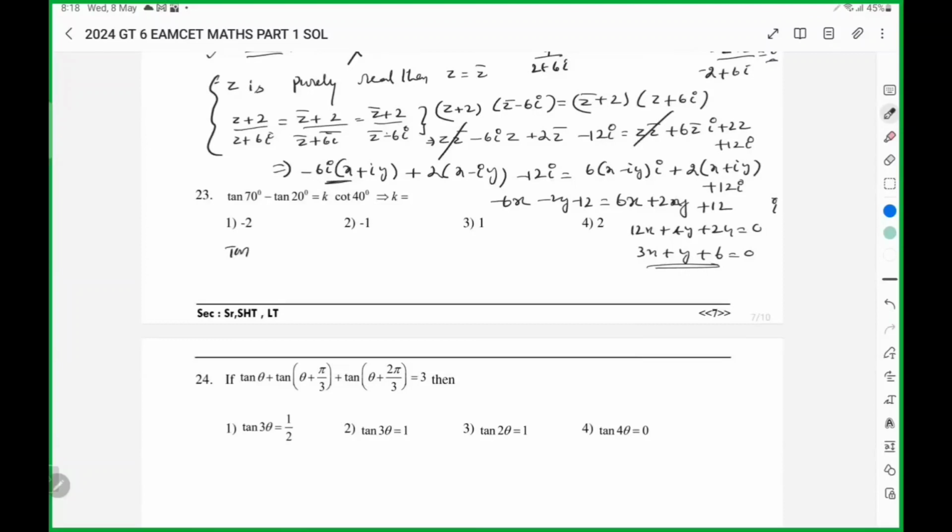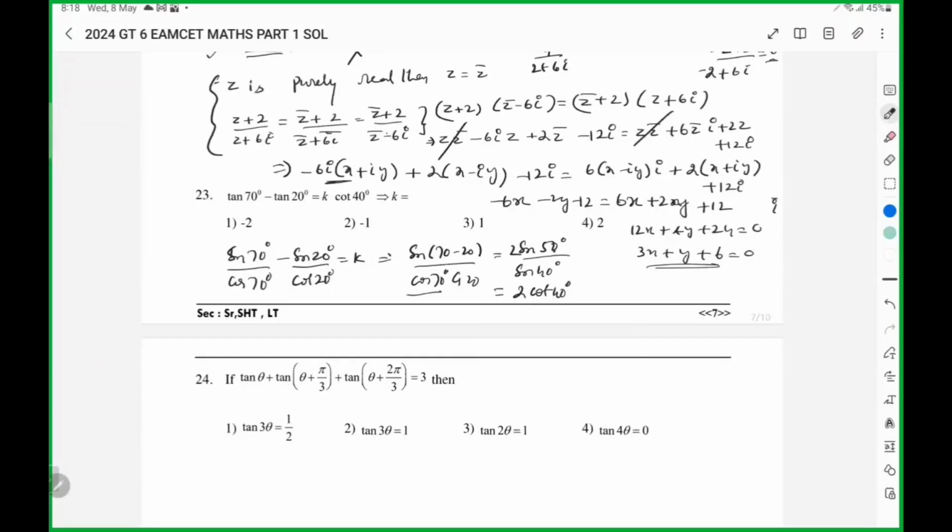Tan 70, here it is sin 70 by cos 70 minus sin 20 by cos 20 is k, which is equal to sin a cos b minus cos a sin b by sin 50 by, here it is sin 20 cos 20 sin 40, which is sin 50 is cos 40, so cot 40 is the k value.